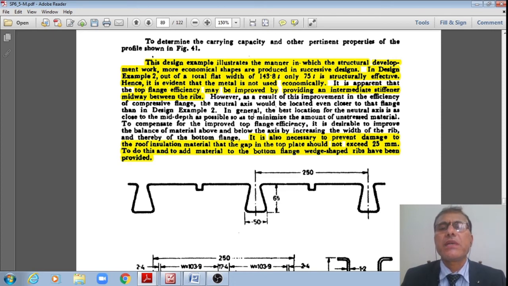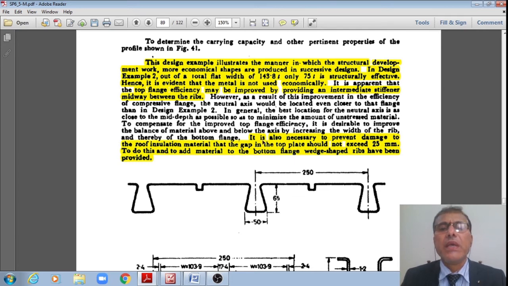Now, however, as a result of this improvement in the efficiency of the compression plane, the neutral axis will shift closer to the flanges, right? However, the best location of the neutral axis is close to the mid depth as far as possible to minimize the amount of unstressed material.